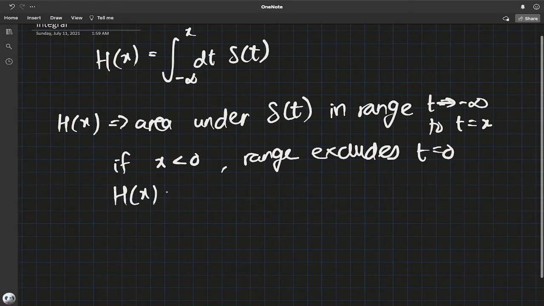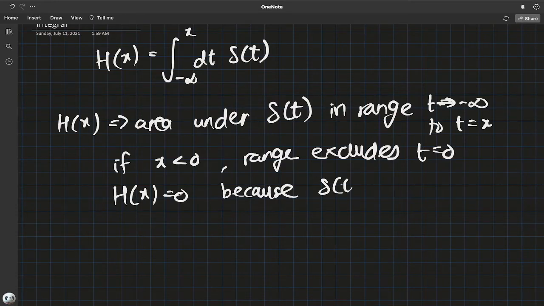So h of x is going to be 0, because if you don't include the zero of the delta, it's 0 everywhere, since delta of t equals 0.